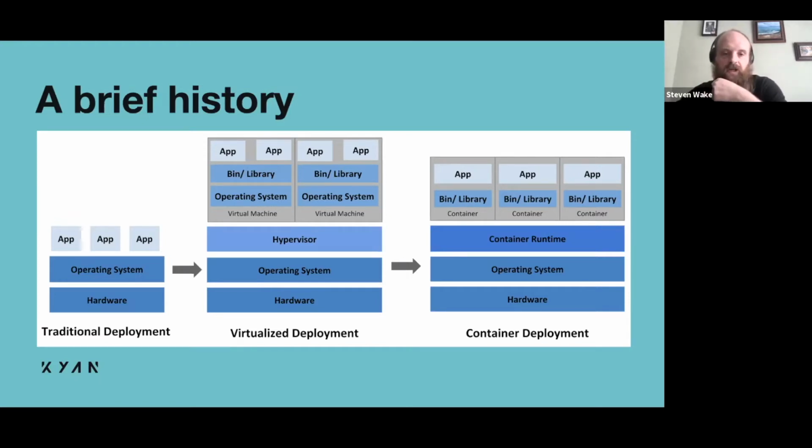Virtualization came along next, and it was a massive revolution in the fact that you could spin up and tear down your machines as and when you needed them, and lots of providers provided APIs to allow you to spin up new dependencies and application environments as you need them.